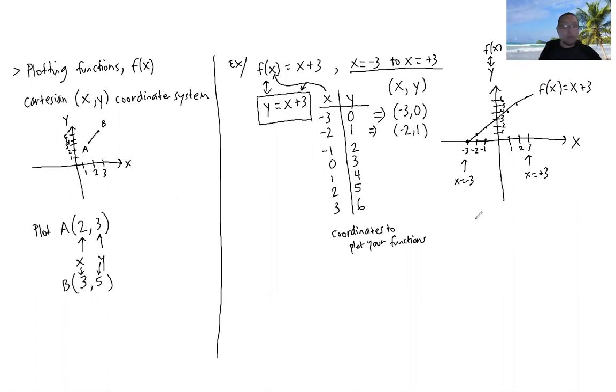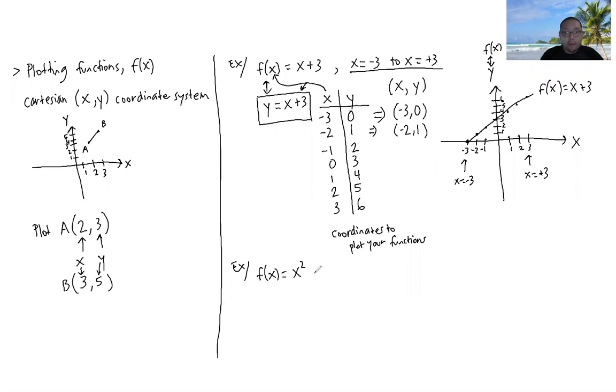And so here are a couple of examples that you can try. So here's an example, and take a second and pause the video if you'd like to work on it on your own before going over it together. Here, I'll give you this function, f of x equals x squared.